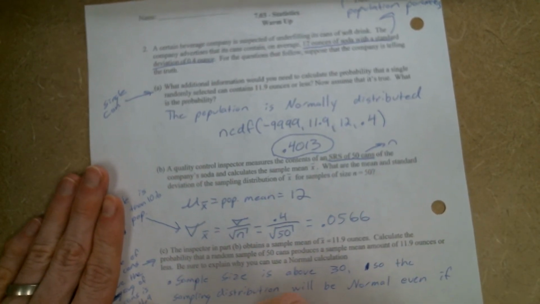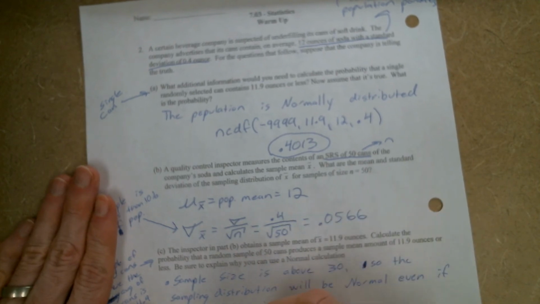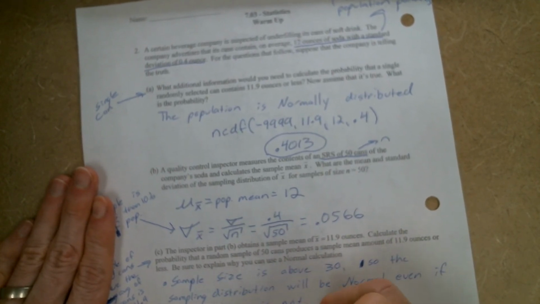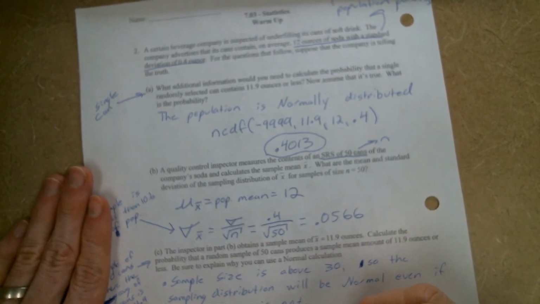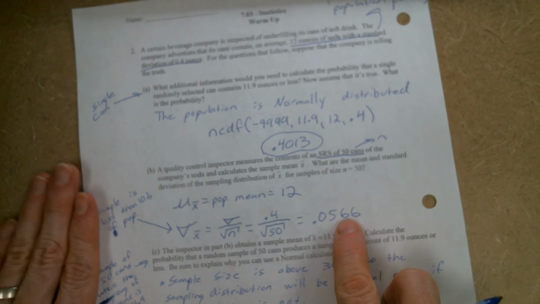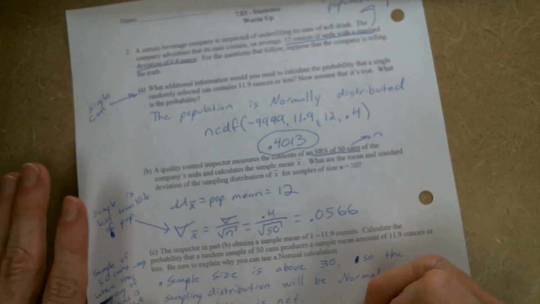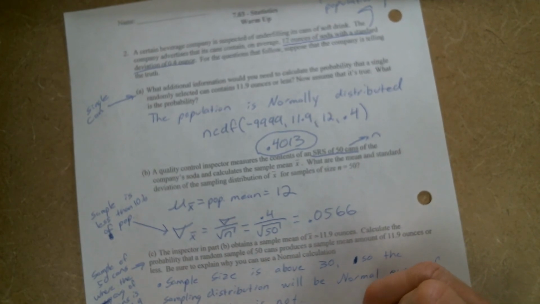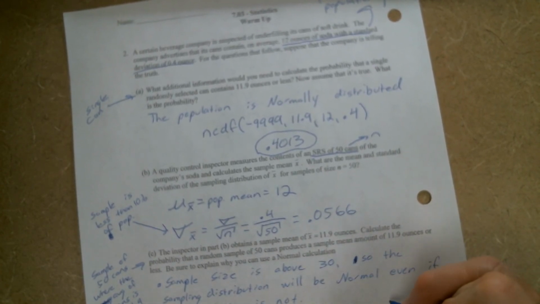We're going to do an NCDF from negative 9999 to 11.9 when the mean is 12. And the standard deviation, because now we're using our sampling distribution, because we're not talking about one can, we're talking about 50 cans averaged together, is 0.0566.